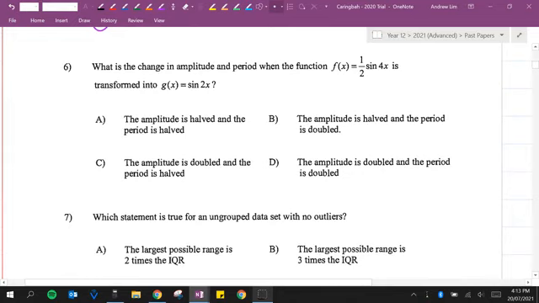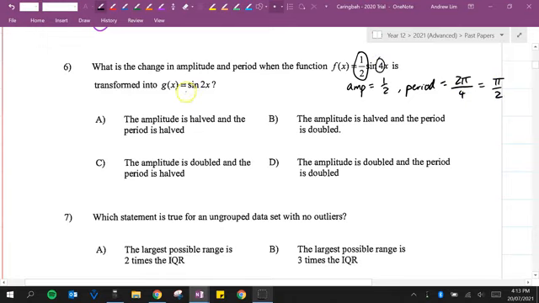Question 6. What is the change in amplitude and period when a function f of x is equal to half sine 4x is transformed into g of x is equal to sine 2x? So we can see here f of x, the amplitude is equal to half. Okay, that's our amplitude. And the period is equal to 2 pi over the coefficient of x, 4, or pi on 2.